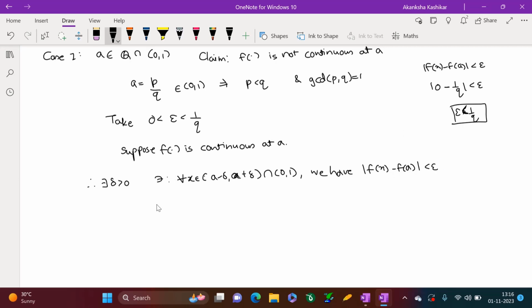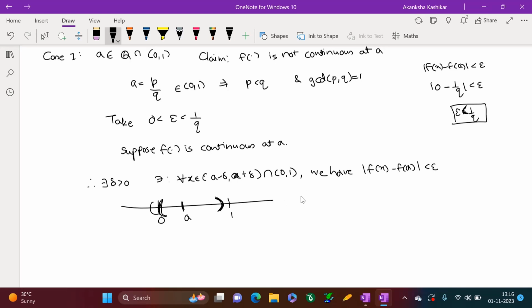Now 0 is here, 1 is here, a is somewhere here, a minus delta to a plus delta could be something like this. So when I intersect it with 0 1, it will again be an open interval, perhaps something like this. So in this interval I will always have an irrational number.